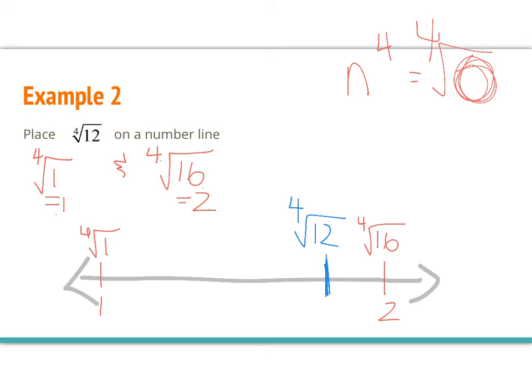Those are the closest two. I place these on my number line and put the fourth root of 12 pretty close to the fourth root of 16. Therefore, I would say this is about 1.8 maybe. So the fourth root of 12 is approximately 1.8. I'm not using my calculator at all.